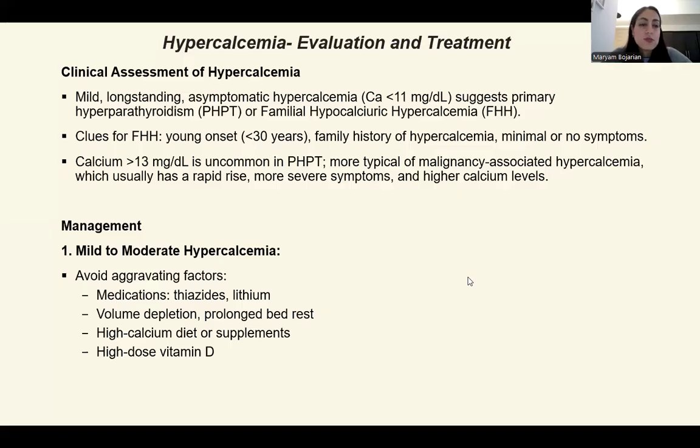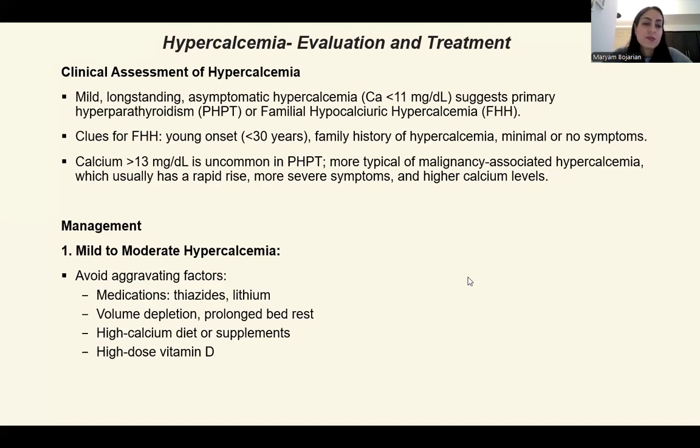In terms of management, for mild to moderate hypercalcemia, avoid aggravating factors. For example, if your patient is on a thiazide diuretic or lithium, stop those medications. Make sure your patient gets enough volume and avoid volume depletion and prolonged bed rest.